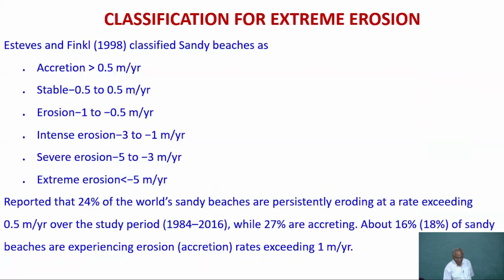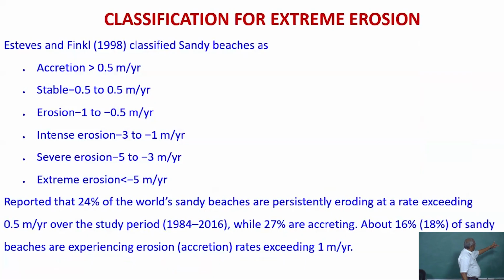So now, the classification for extreme erosion. Estevez and Finkl in 98 classified sandy beaches as accretion if above 0.5 meters per year, and stable around 0.5 meters per year, so stable and accretion are more or less the same.